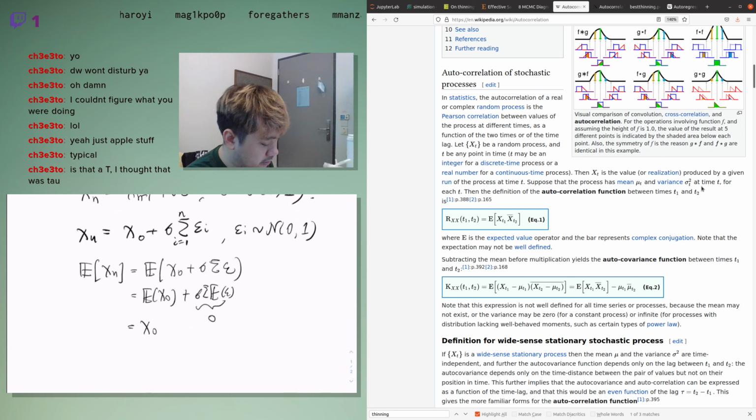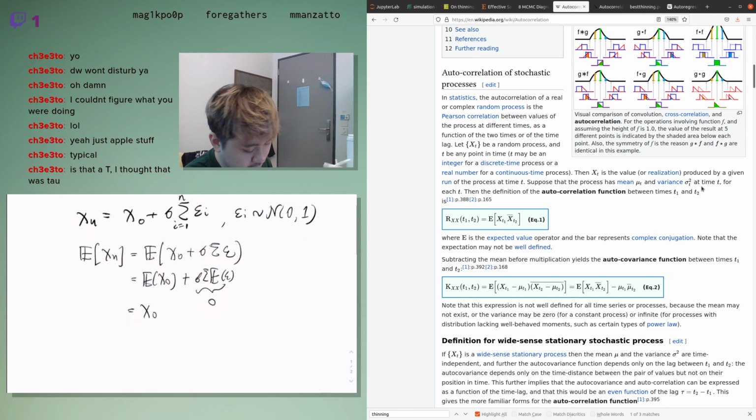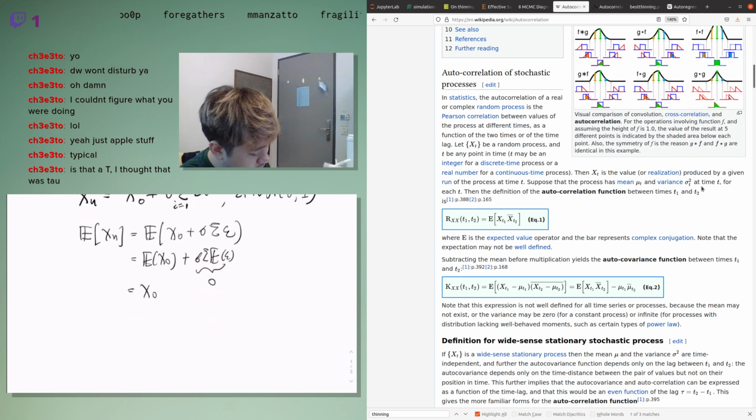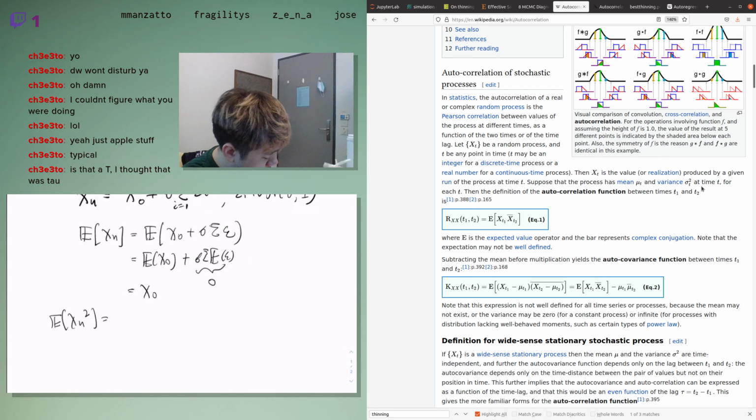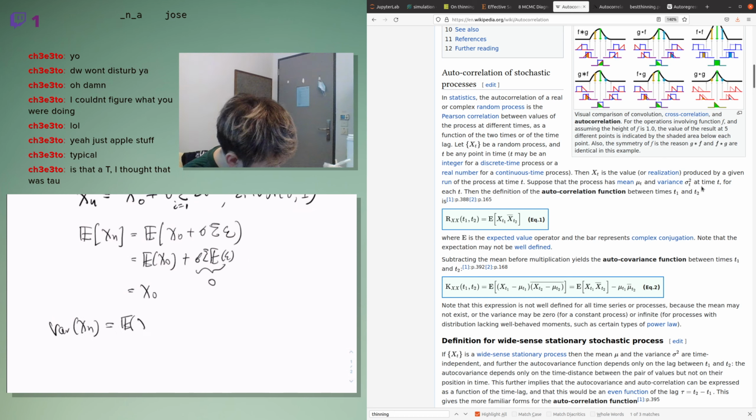Without loss of generality, I can just call this 0. And then let's consider the variance. Let's not write it like this, but like this. That's just the standard definition of variance.